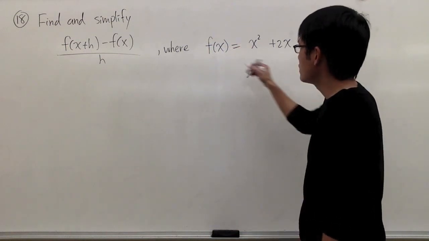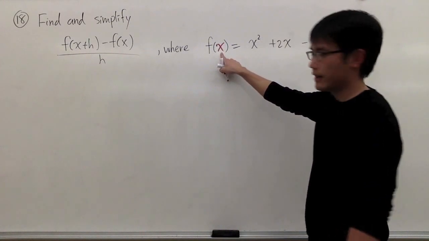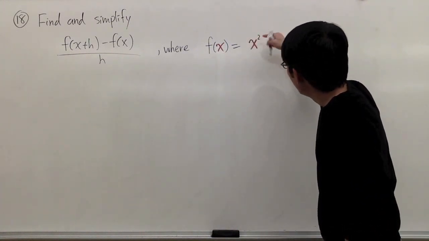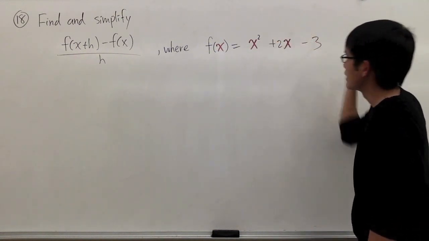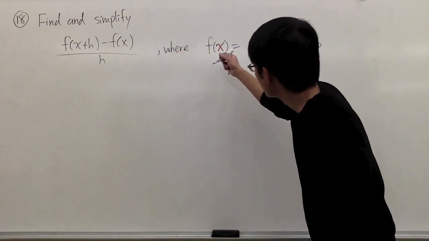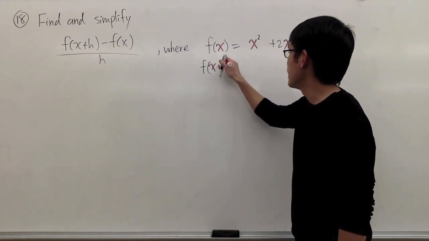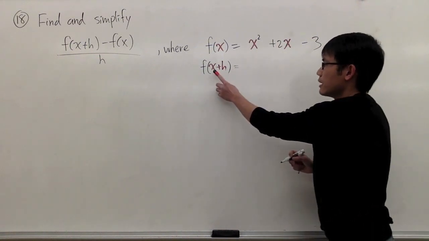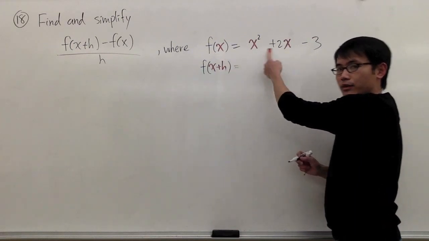Referring back to this function, we know that f of x is equal to x squared plus 2x minus 3. In order for us to get f of x plus h, let me write this down underneath it. How this works is that I just need to plug in x plus h into the x that I have originally.